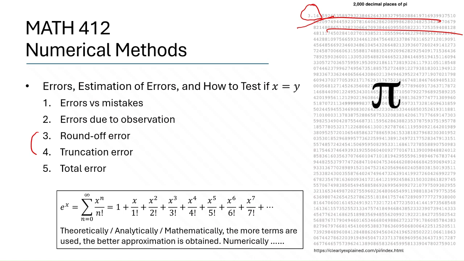And truncation error also appears in this class, especially from chapter 8 on, which is about numerical differentiation. We have formulas, say, to find the first derivative of a function at a point. You have multiple choices of formulas, and each one will involve truncation error.